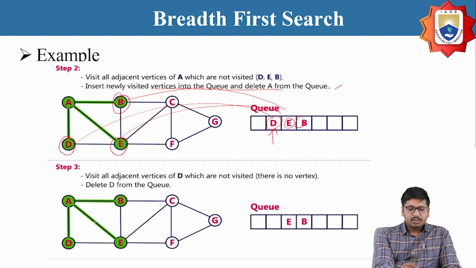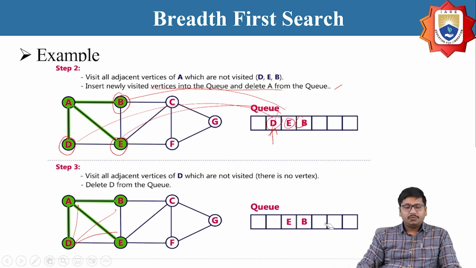The vertices adjacent to D are A, B, E. B and E are already there, and A is already visited, so vertex D is also deleted here, and this should be the result of the queue contents.